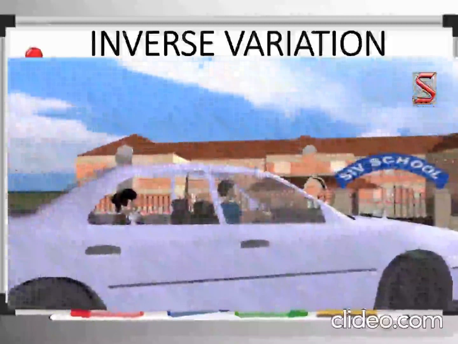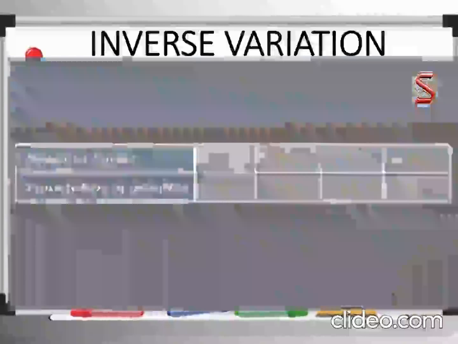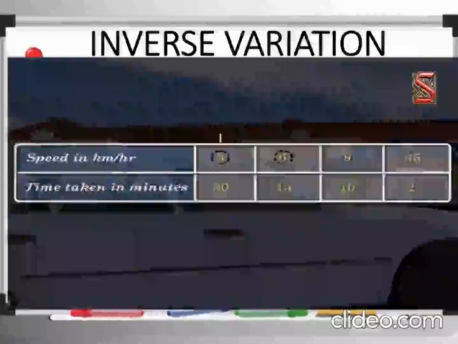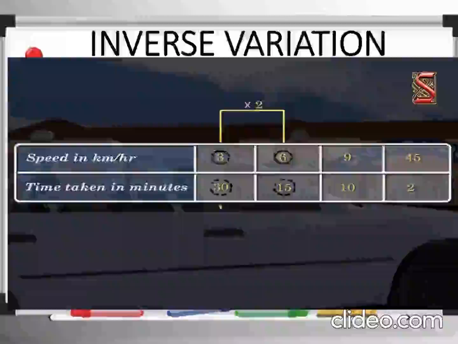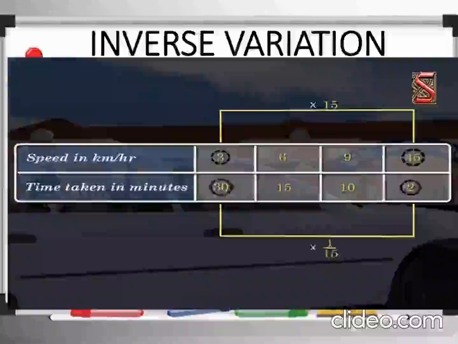When she goes in a car at a speed of 45 km per hour, she reaches her school in 2 minutes. So we see that when she increased her speed 2 times the normal speed, the time taken decreases by half. If speed is increased 3 times, time taken decreases by 1/3, and if speed is increased 15 times, then the time taken is decreased by 1/15.